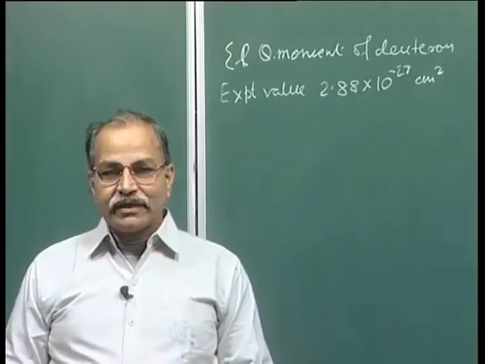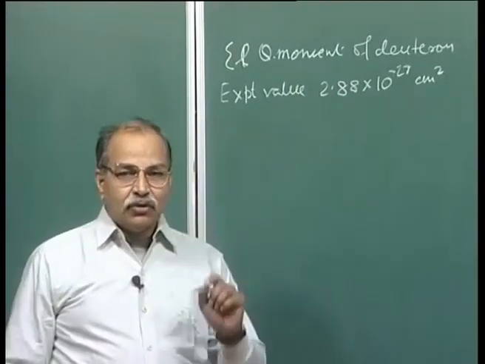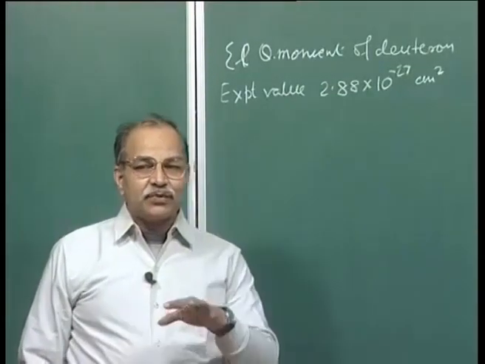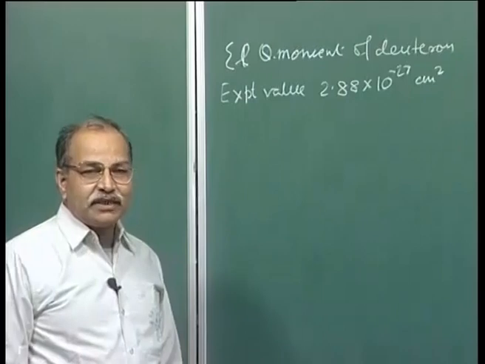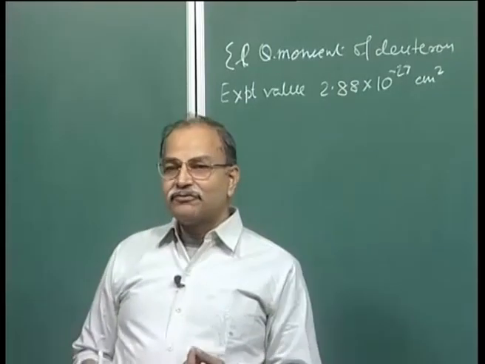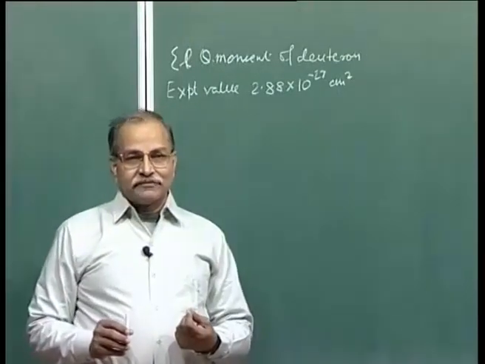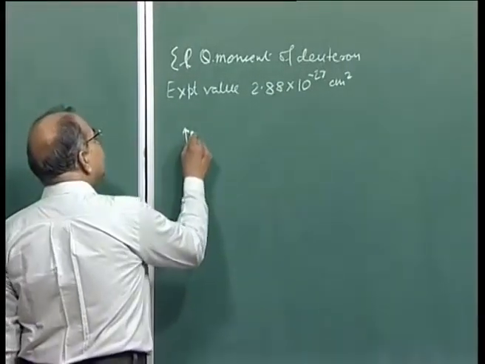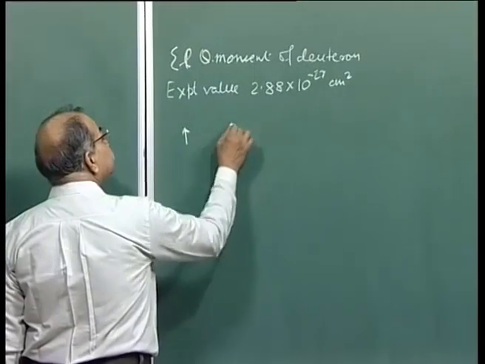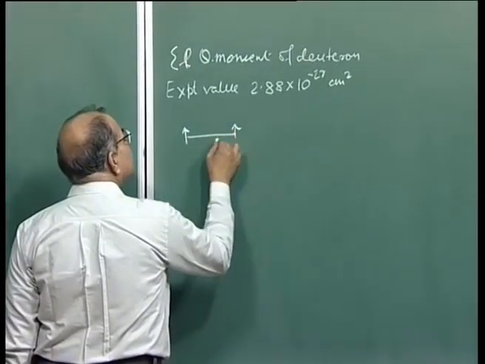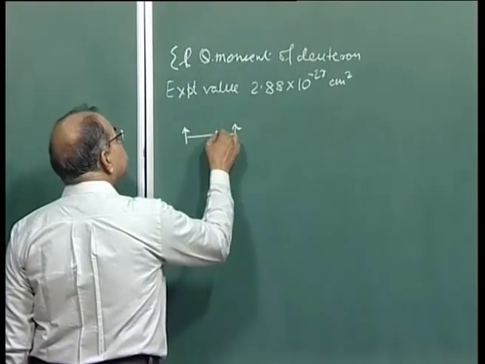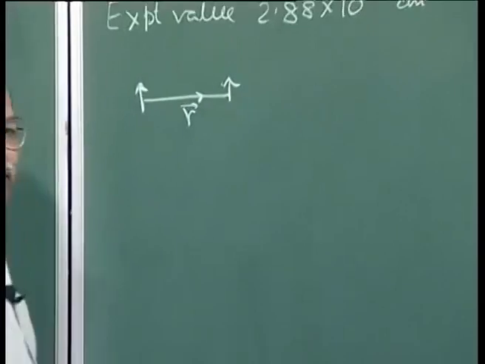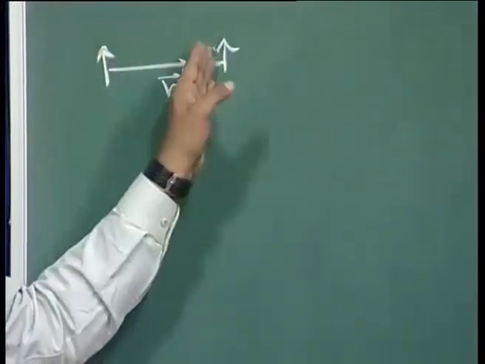This nuclear interaction should have a non-central term. The other familiar situation where this non-central force comes in is when you consider interaction of two magnetic dipoles. If you have two magnetic dipoles, one dipole here and another dipole here, and the separation vector is r, and the dipoles are oriented like this, these dipoles will exert forces on each other.